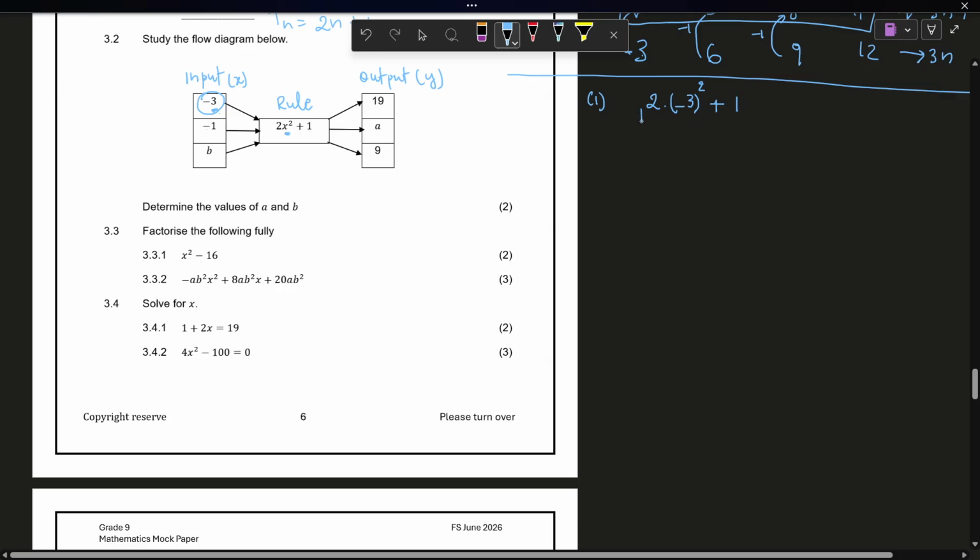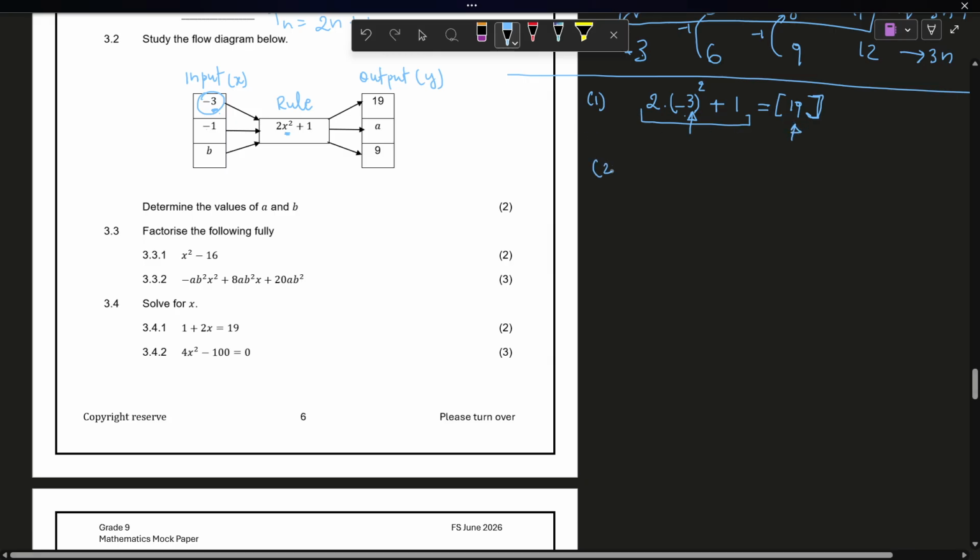And this rule, by plugging the input, it needs to give us the output y. What is y here? Okay, let me just reserve a square bracket where I'm going to save y. So the value of y here is what? Is 19, right? So that's basically what it means. But in this case, we don't need to solve because we were given the input and we were also given the output, right? Okay, let's go to the next one.